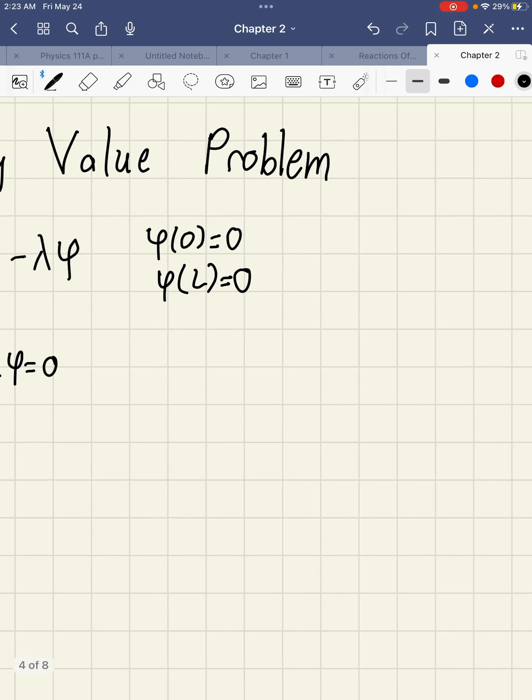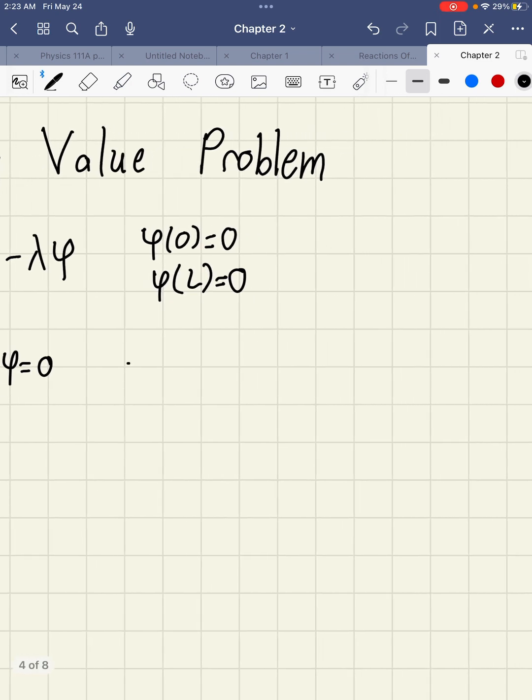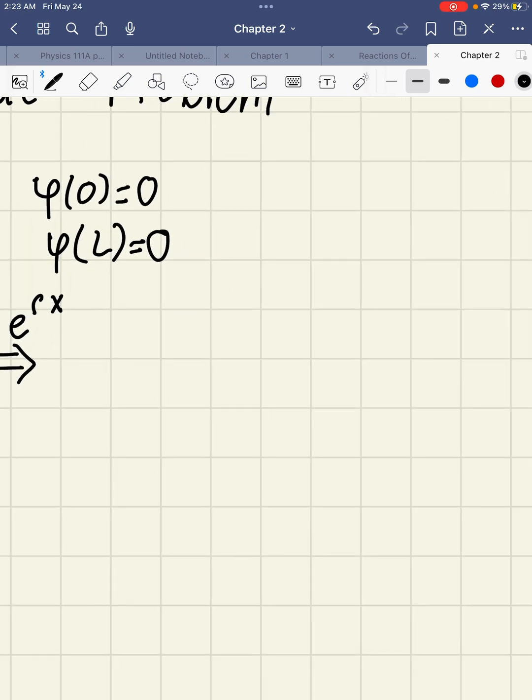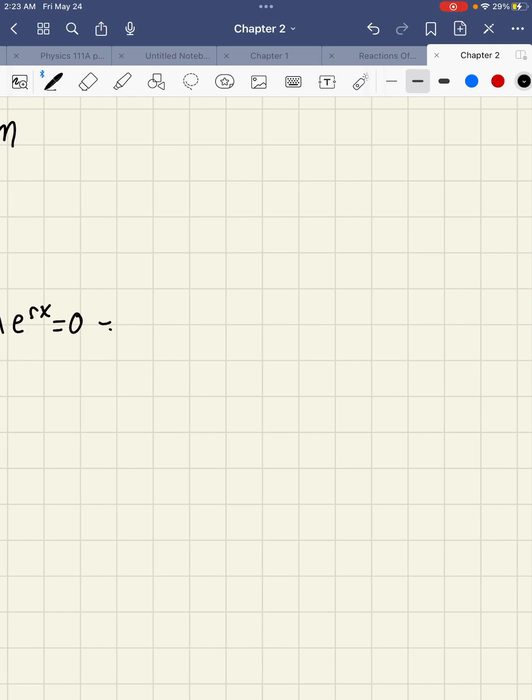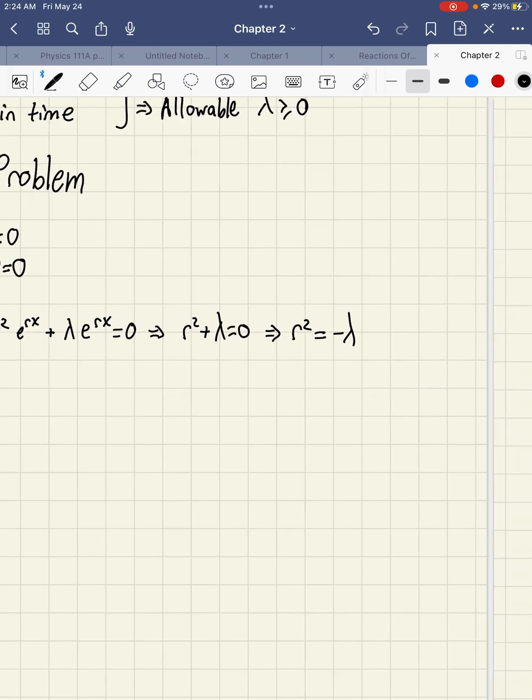Now, applying our ansatz, where my phi is equal to the exponential of r x, and substituting that, I get r squared e to the r x plus lambda e to the r x equal to 0. Therefore, r squared plus lambda is equal to 0, so r squared is equal to negative lambda.